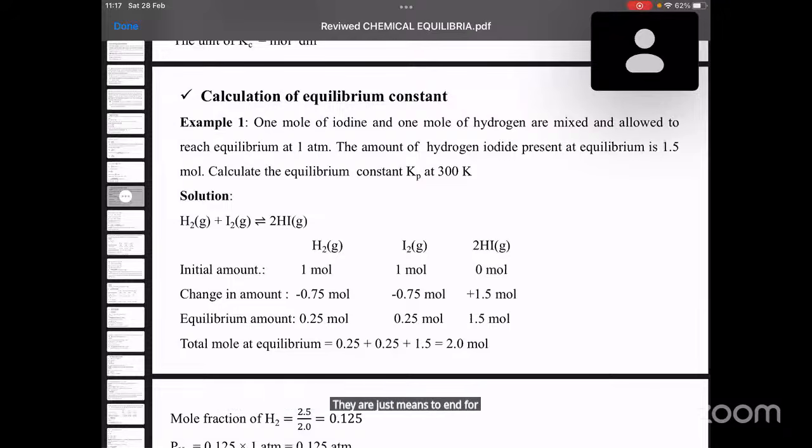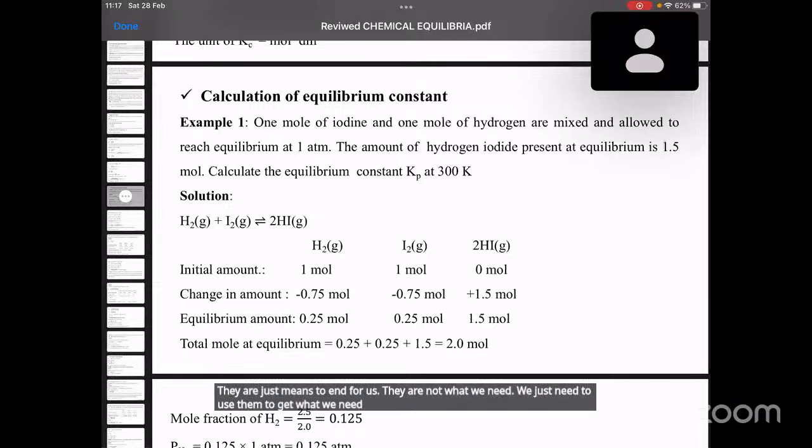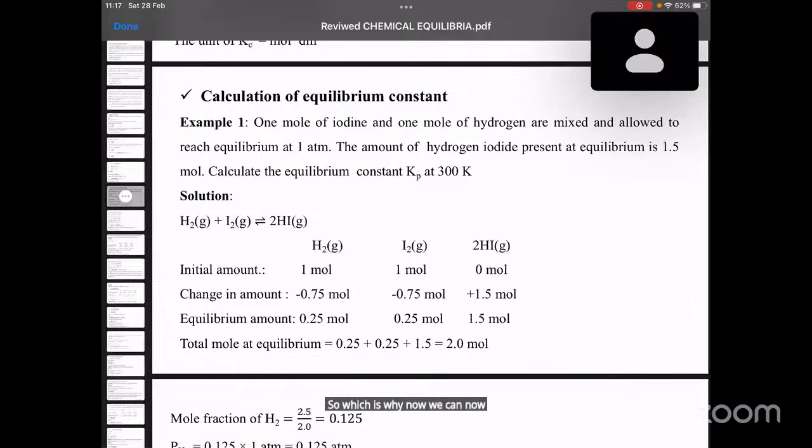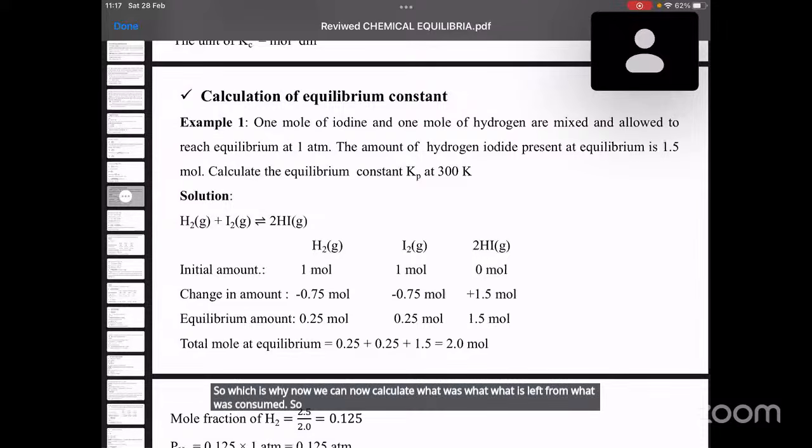They are not what we need. We just need to use them to get what we need. What we need is what is left, not what was consumed, because you're going to be calculating your equilibrium constant using what is left. So now we can calculate what is left from what was consumed. 0.75 consumed, that means from 1, we are left with 0.25.